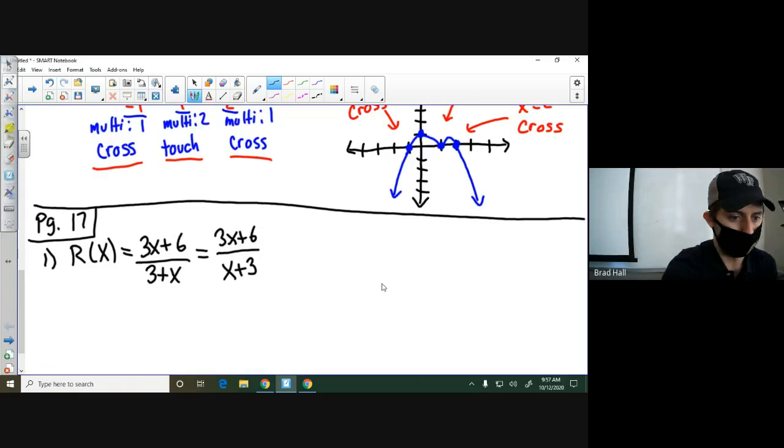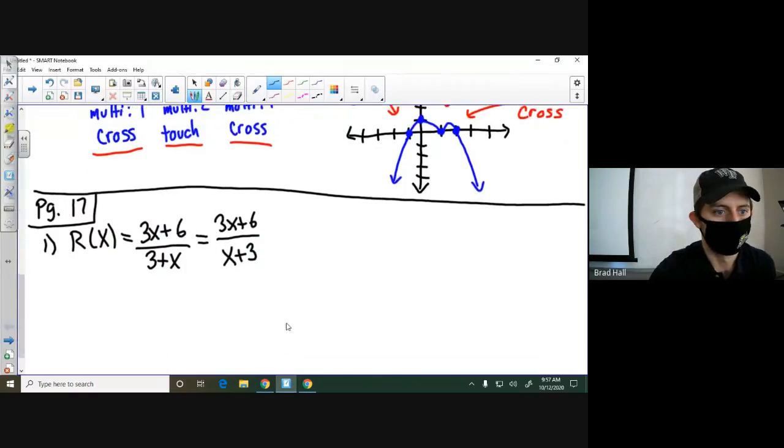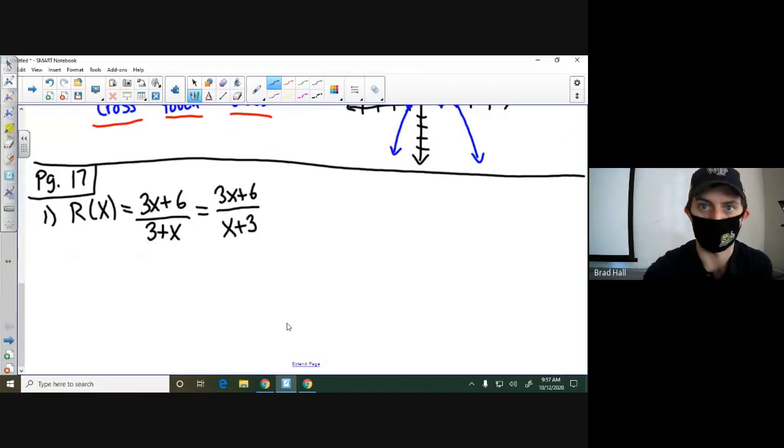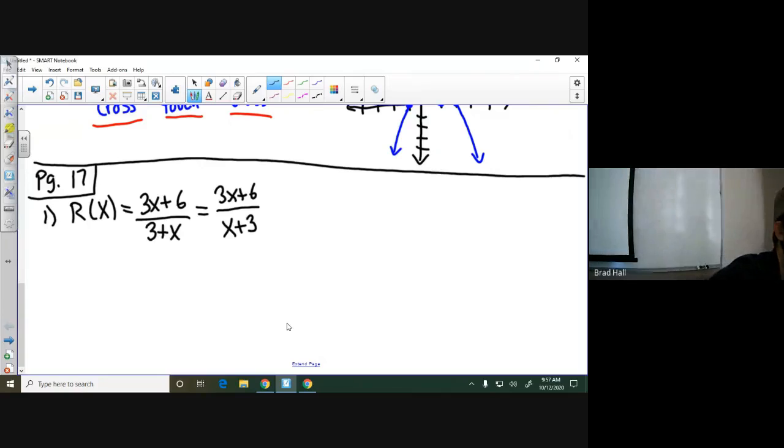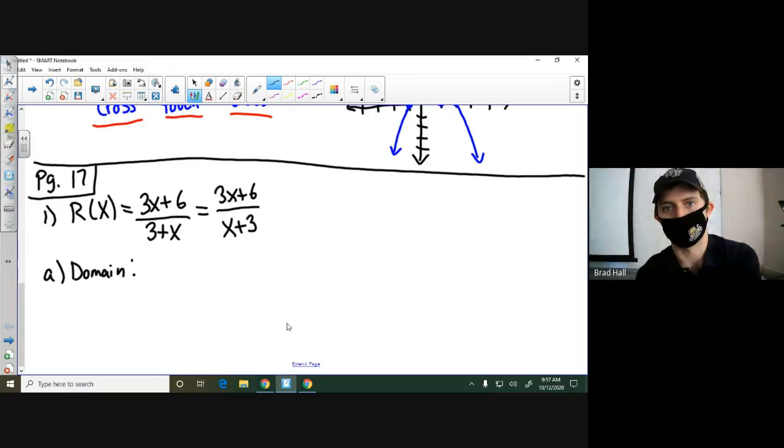So, with this being said, let's go ahead and find the domain. So the domain of a rational function, and this is going to be true throughout the whole section, rational functions have denominators. What's bad about denominators?